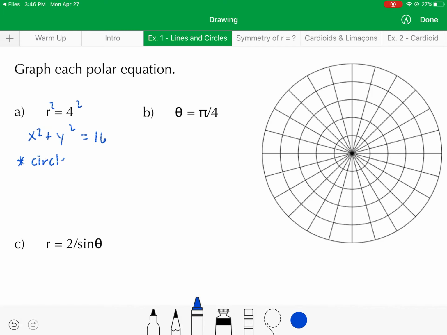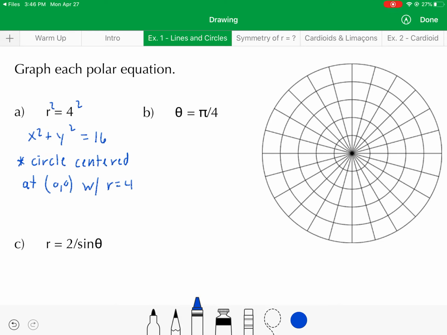This is nothing more than a circle centered at the origin, whose radius is the square root of 16, or 4. Okay? So really all we're working with here is a circle of radius 4 centered at the origin.